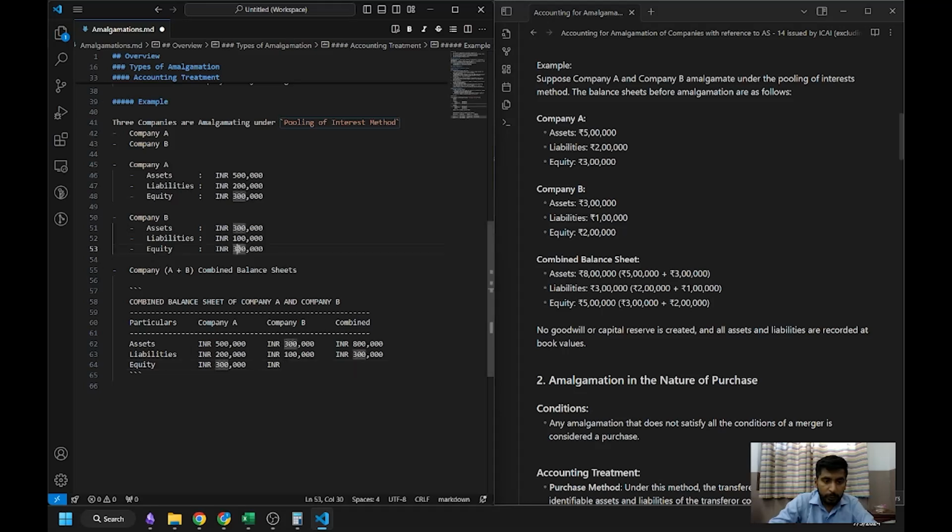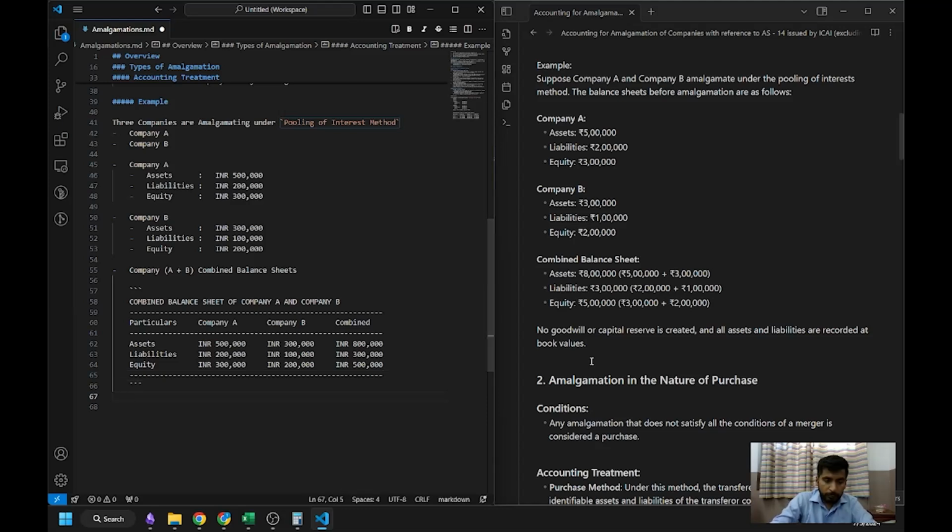Sorry, company B has equity of rupees 2 lakhs, making a total of rupees 5 lakhs. And this is how the amalgamated balance sheet of a company will look like.